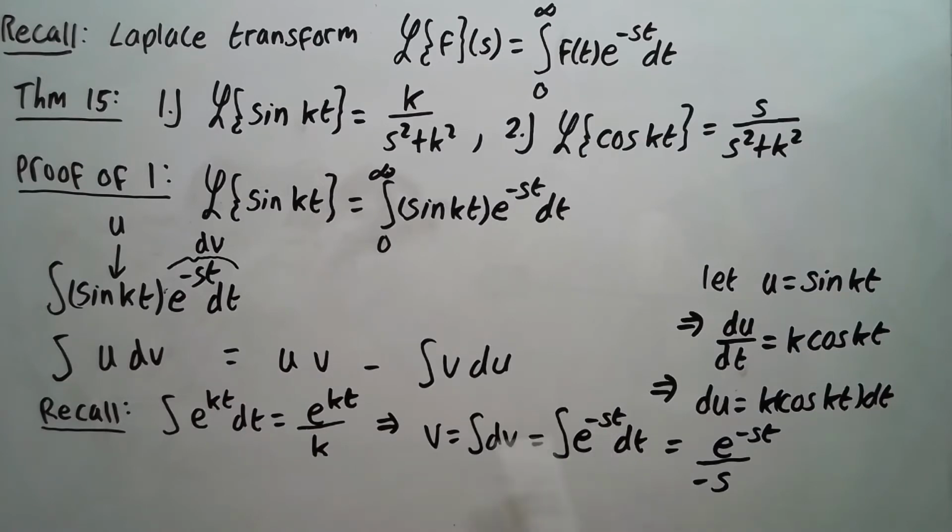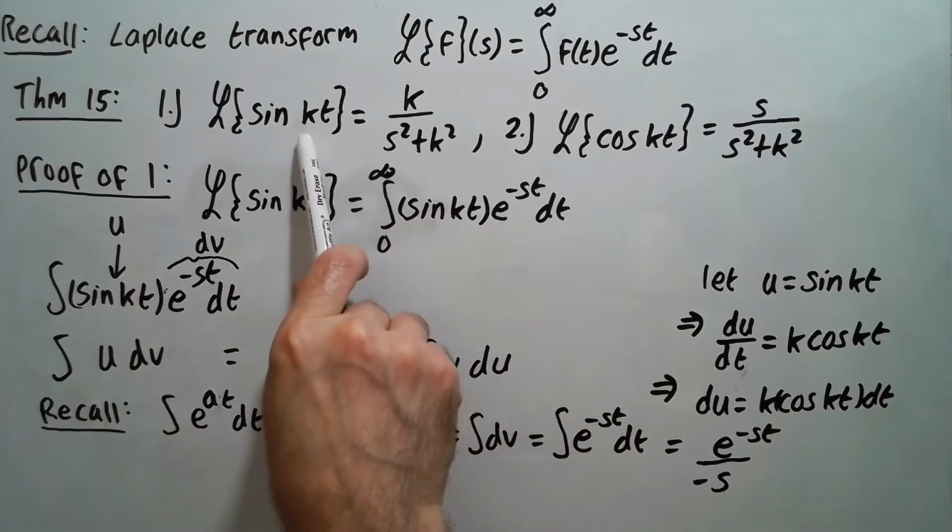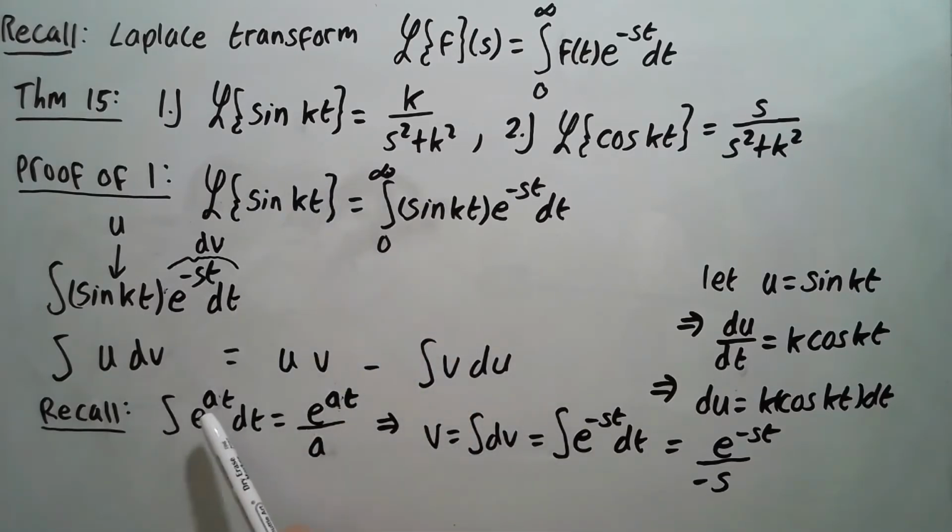So the a here would be minus s, and we get e to the minus st over minus s. Actually, just notice something here. I should have used a instead of k because k is defined as something different up here. So let me call this a, where a can be anything at all.